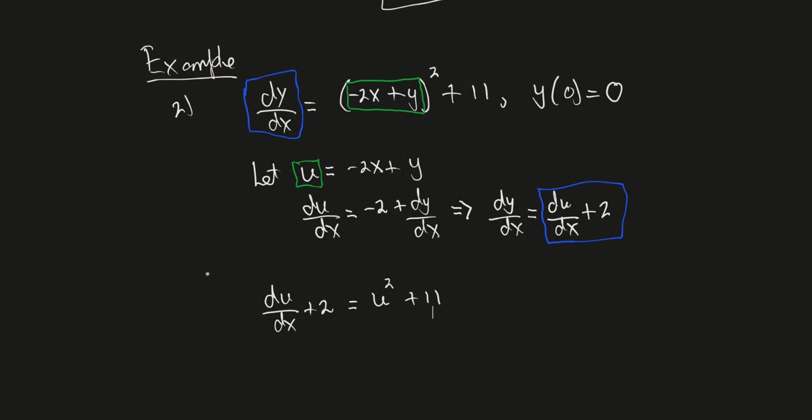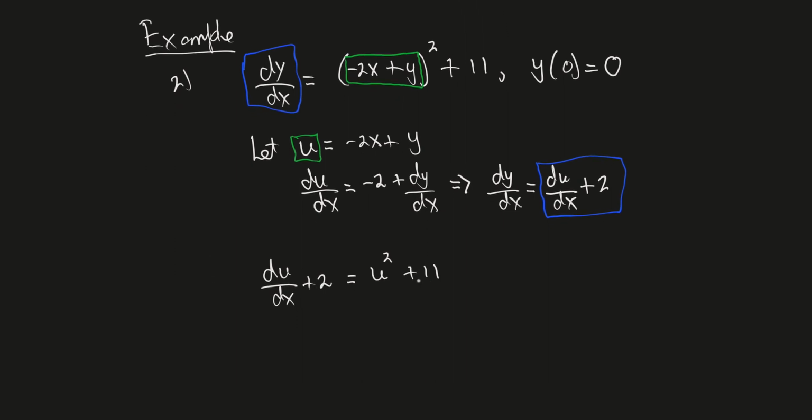Now, unlike the first case where the constants completely canceled out, they're not going to cancel out completely. If I subtract 2 from both sides, I'll have that du/dx is equal to u squared plus 9. Now this is separable.